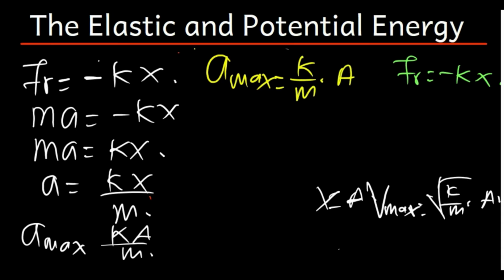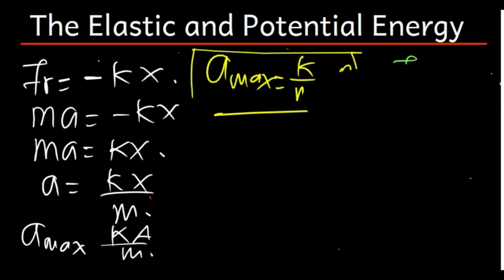So this is the formula which is going to help us find the maximum acceleration. That is very, very important. So from elastic potential energy, we can now solve any question involving the maximum velocity, the maximum acceleration, and so on. Now let's talk more about the formula for elastic potential energy.